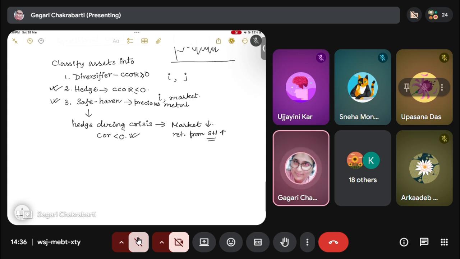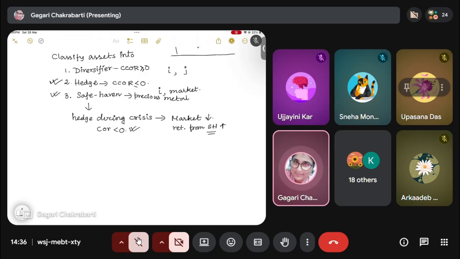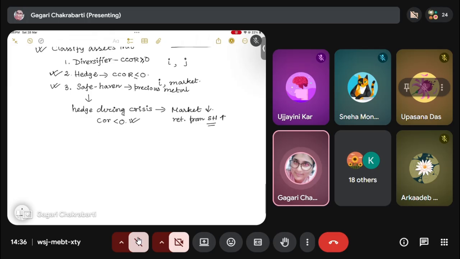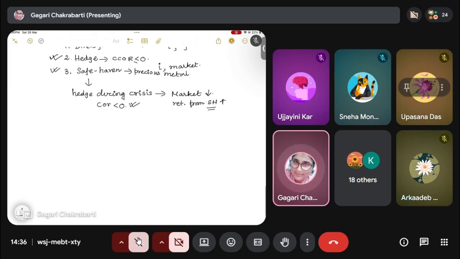Therefore, when we do the crisis analysis, we shall try to classify the assets also. In this process, we can calculate the hedging effectiveness of assets also.